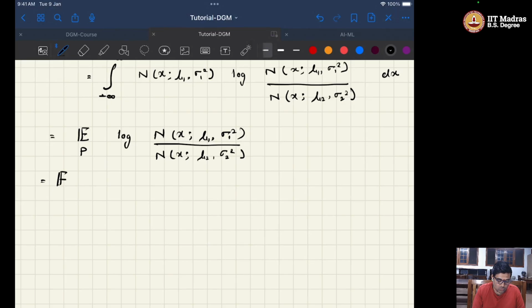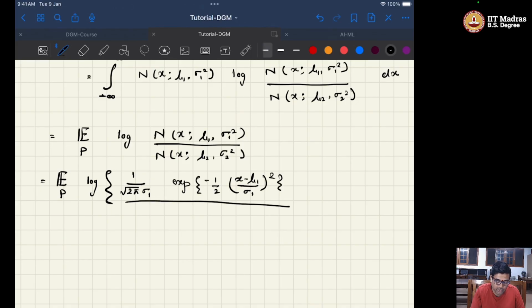Now expectation with respect to P. So now we know this is log of, you have two terms. Now 1 over square root of 2 pi sigma 1, exp of minus half into x minus mu1 by sigma 1 whole square. This is your numerator.